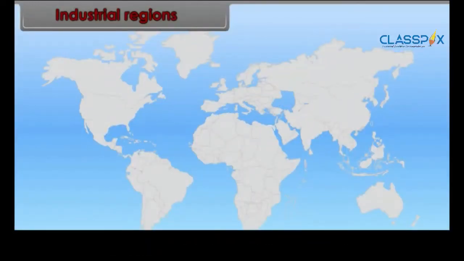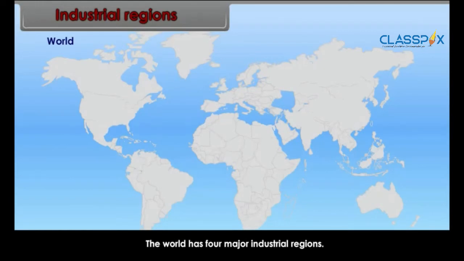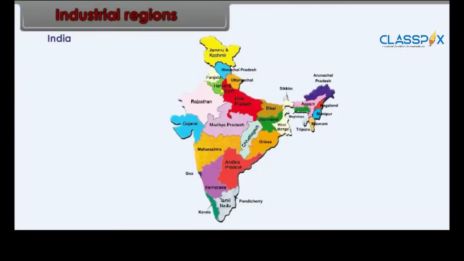Industrial regions. World. The world has four major industrial regions: Eastern part of North America, Western and Central Europe, Eastern Europe and Eastern Asia. India.